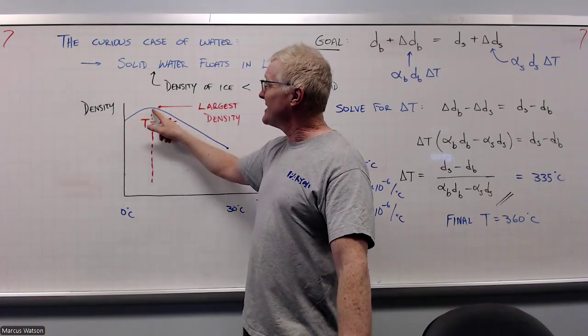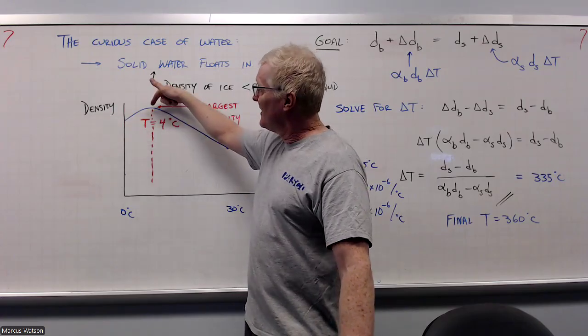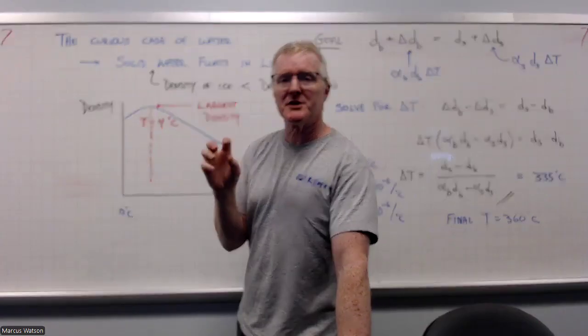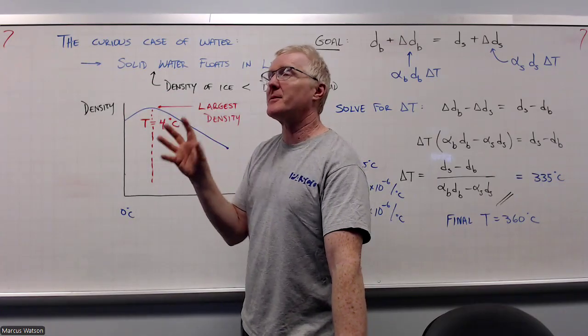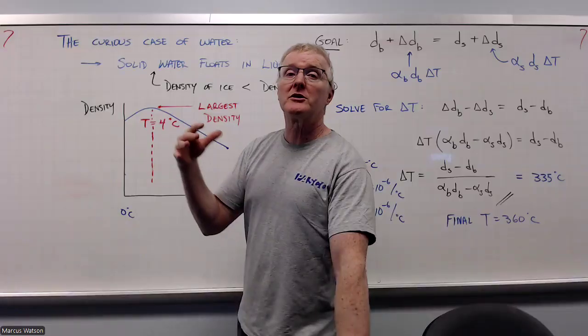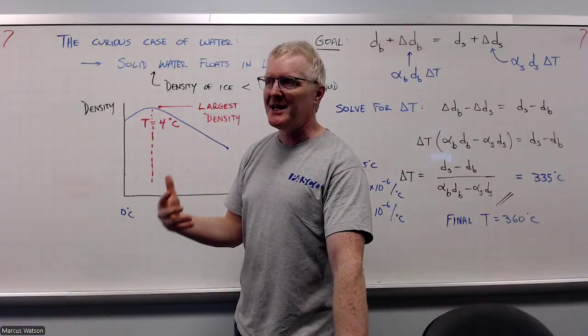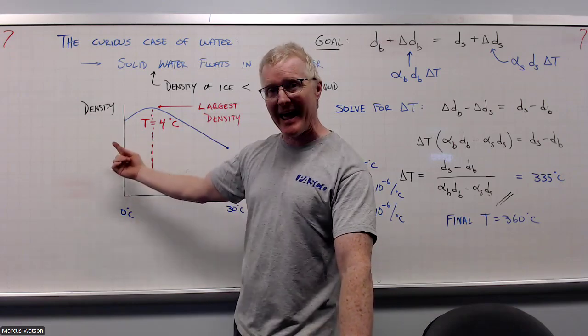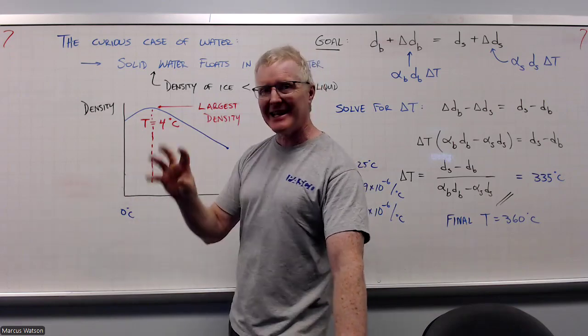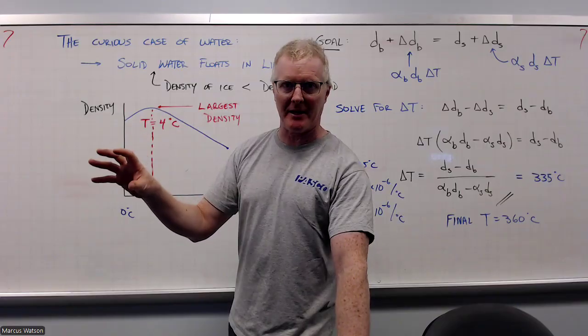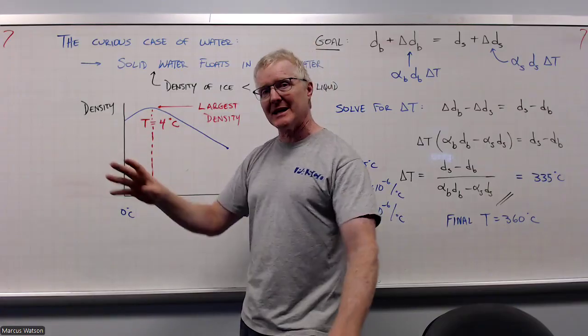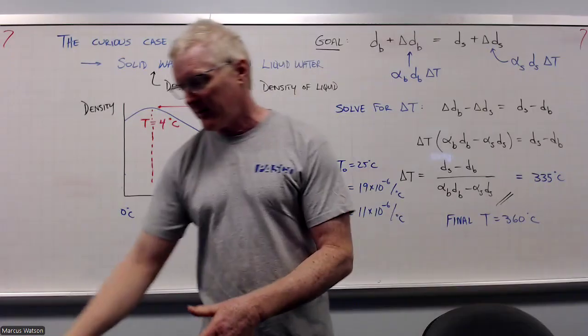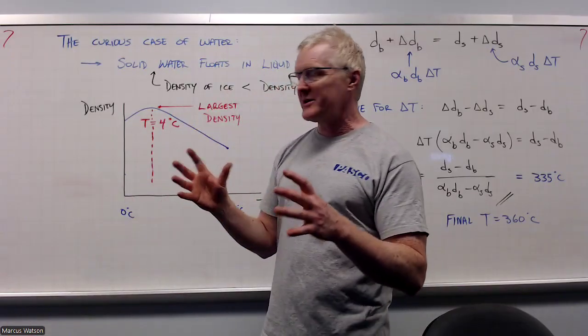What happens here is that some of the molecules in the water start to form pre-crystal ice structures. Even though it's not at the freezing temperature, you get a little bit of pre-freezing happening. We'll talk more about that later.